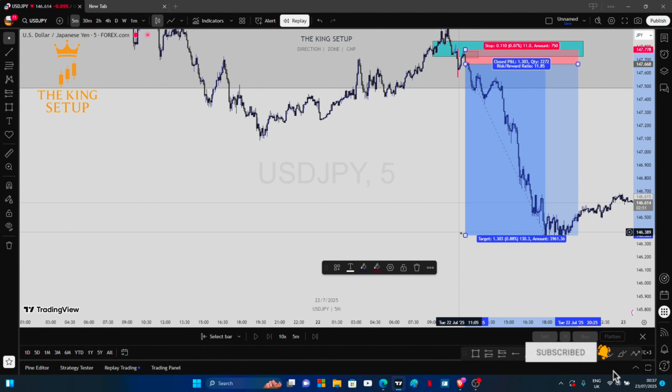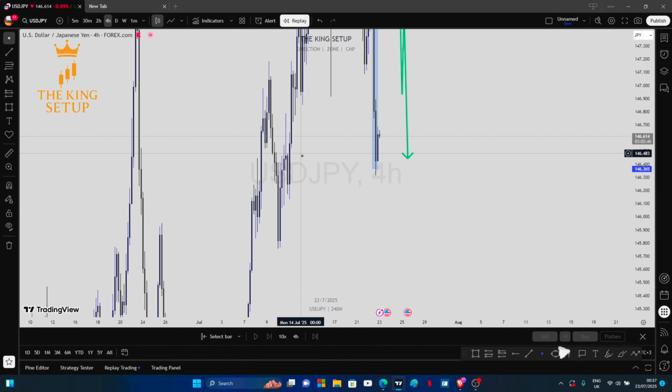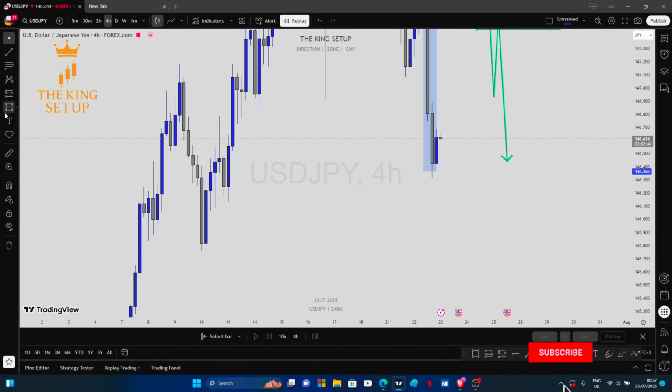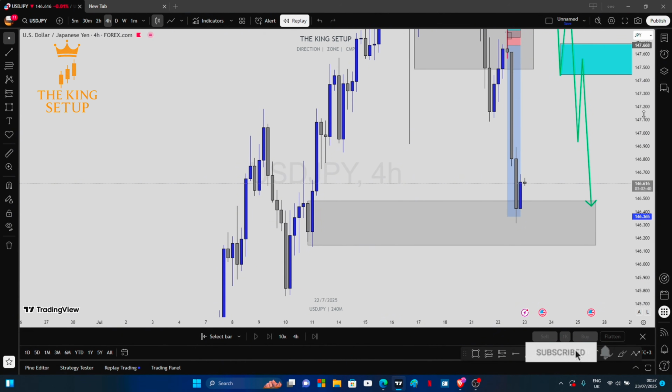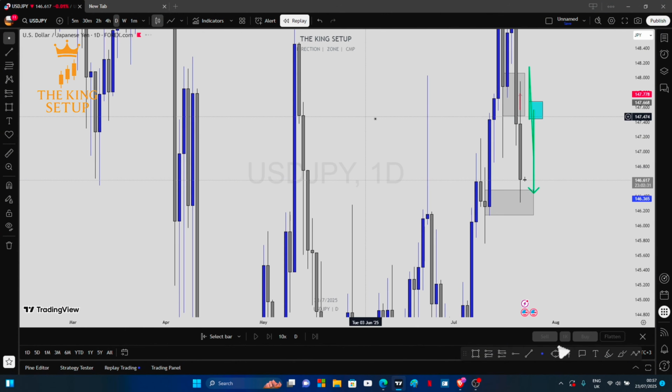And the reason for targeting this zone here is because we had a H4 engulfing buy. We had this engulfing buy. So that was where we were targeting the price to reach, because around this area we had a daily engulfing buy.